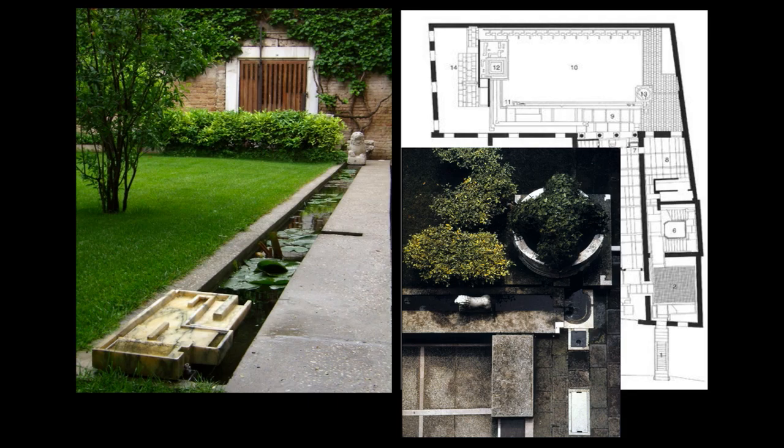The water feature, which is labeled number 11 in the plan, is all the way to one end of that retaining wall. And there's this canal-like space that sort of is inset into the retaining wall.